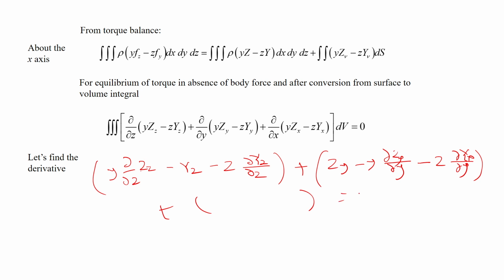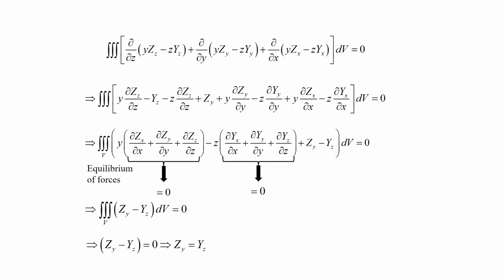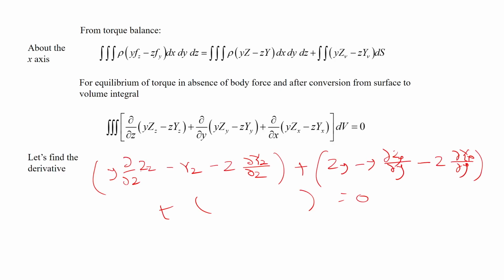So, this will be equal to 0 because we have just found the derivatives, and we can combine all these terms together. After doing all that, we will have something like this: y into this, minus z into this, plus σzy minus σyz. So, after all this derivation, we find the derivatives and combine all these terms, and we get something like this.